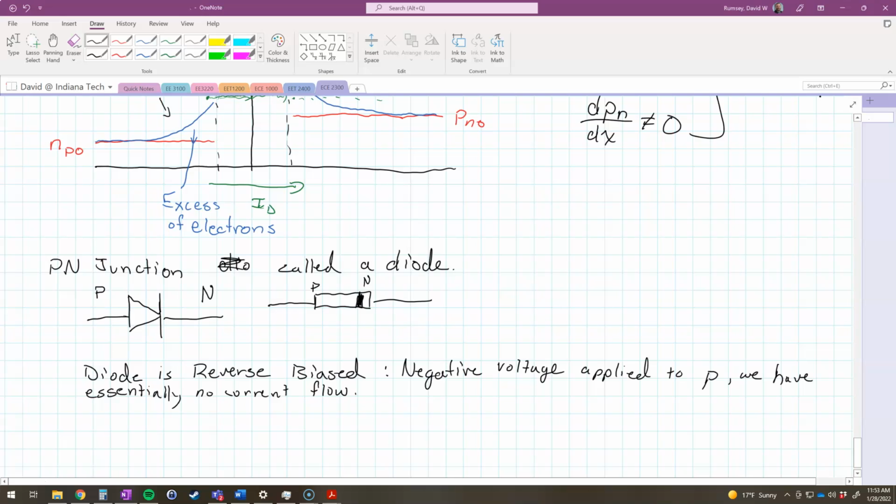And then if the diode is forward biased, positive voltage applied to P, we have current flow.